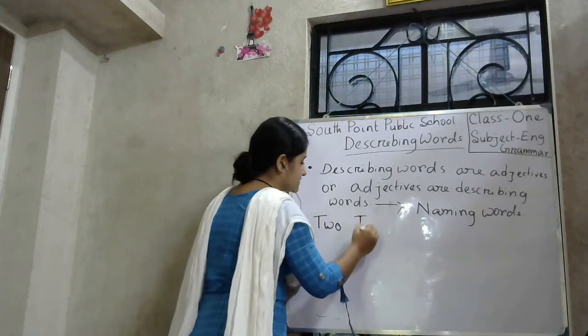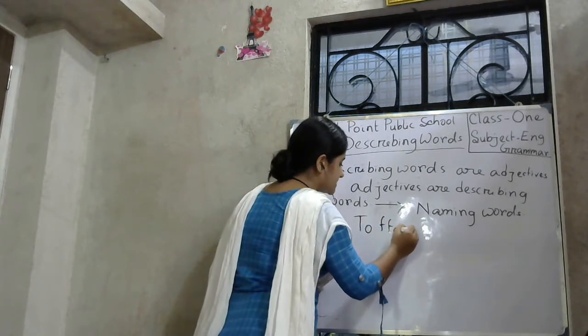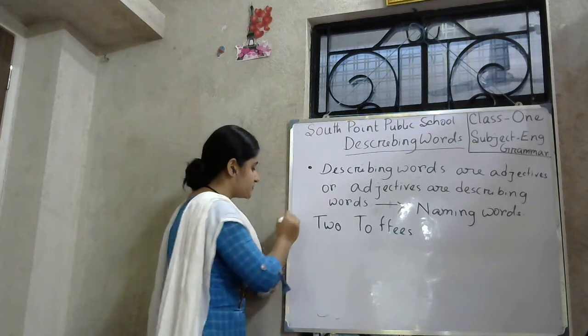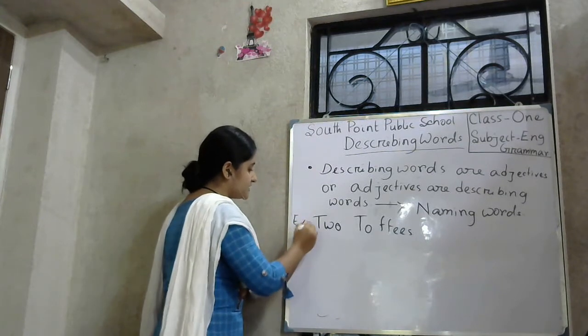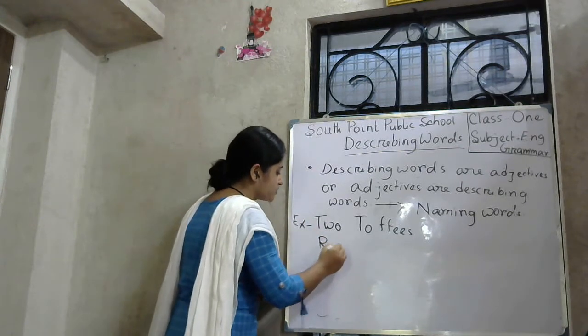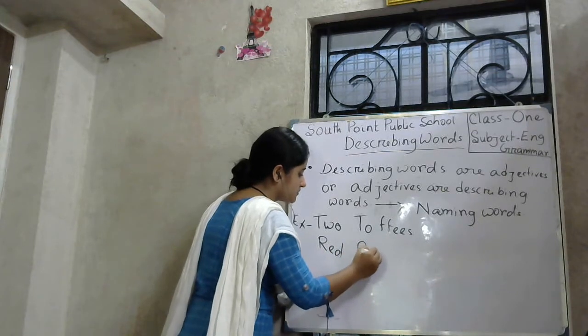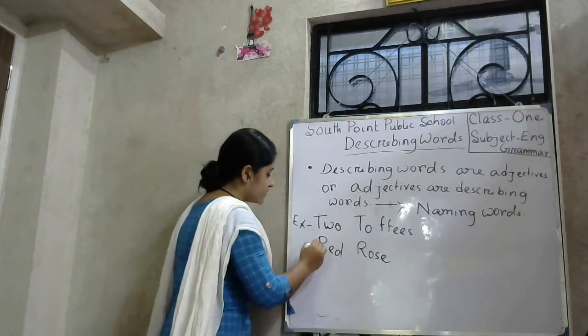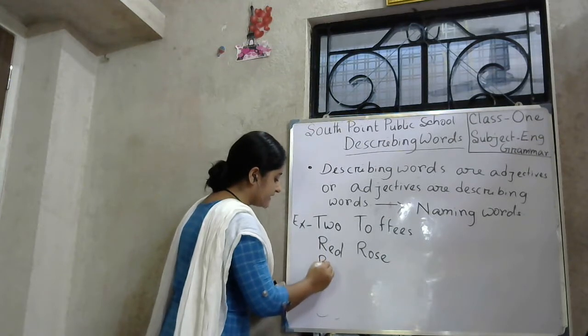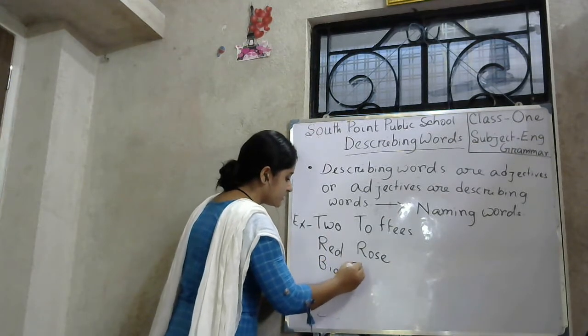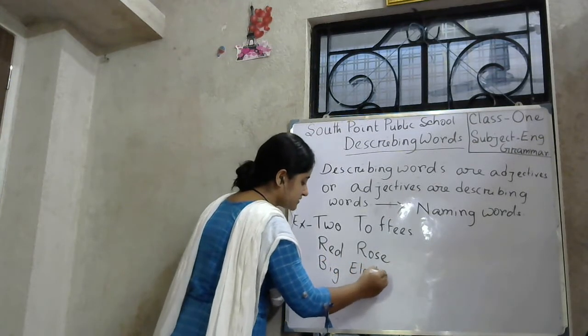Now for example, I am writing here two toffees. Look at the example, students. Two toffees. Red rose. Big elephant.